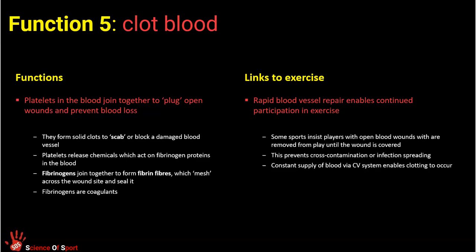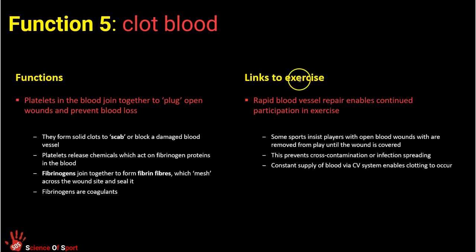Okay, so again, here's the detail of the fifth and final function of the CV system. So we've got these platelets, which are very clever in aiding us plug up broken vessels or open wounds in our body, forming a scab. They work in combination with fibrinogen proteins, and fibrinogens basically join together to make this mesh.